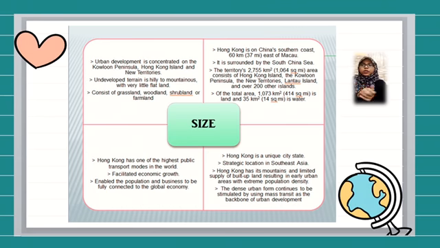Hong Kong has one of the highest public transport modes in the world, and it also provides a high telecommunication connection rate, which has facilitated economic growth. Hong Kong is on China's southern coast, and urban development is constructed on the Kowloon Peninsula, Hong Kong Island, and new towns throughout the New Territories. The sites involve light residential and commercial office.